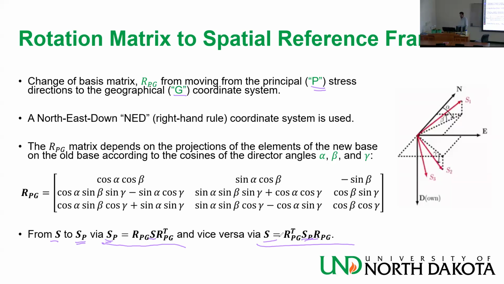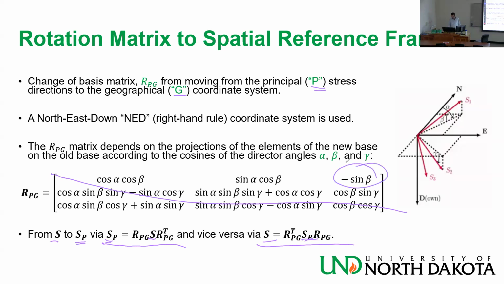And we have the RPG in the equation, and it's like three matrices. The first equation has SP equals RPG times S times the transpose of RPG, which is basically flipping RPG. Row 1, column 1 stays, but it's like putting a mirror diagonally and flipping it.